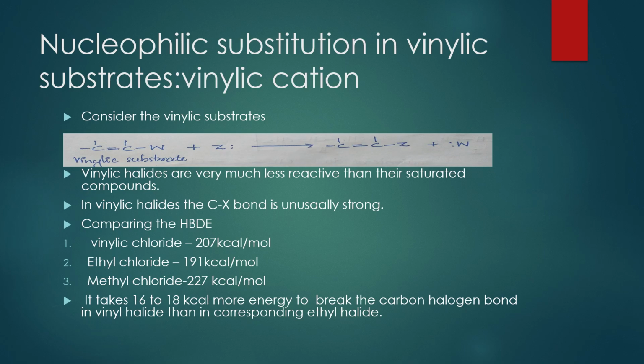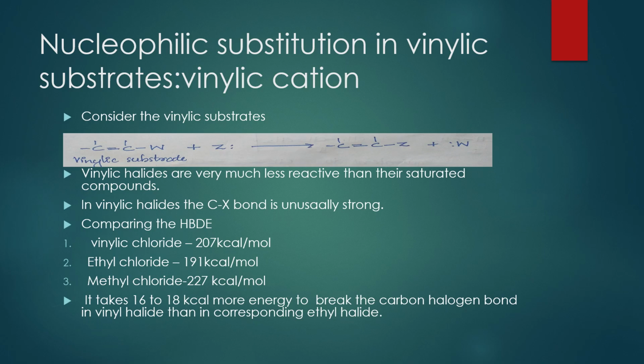So when we compare vinyl chloride and ethyl chloride, it takes 16 to 18 kilocalories more energy to break the carbon-halogen bond in a vinyl halide than in the corresponding ethyl halide. That means more energy is needed to form the cation, so the cation formed is also less stable.